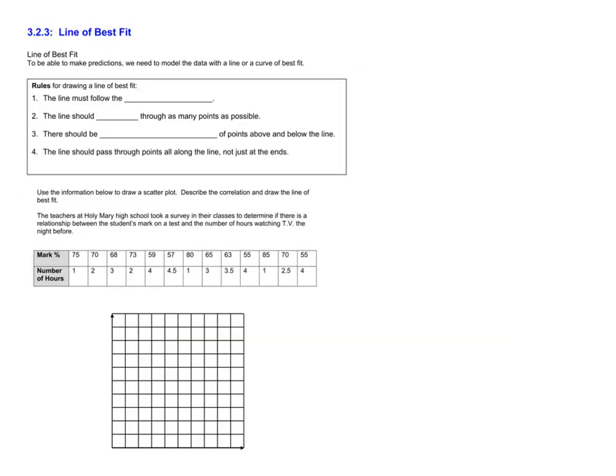So we're going to try a line of best fit question on page 7. It says, to be able to make predictions, we need to model the data with a line or a curve of best fit. So, rules for drawing a line of best fit. The line must follow the points, the direction of the points. The line should pass through as many points as possible.